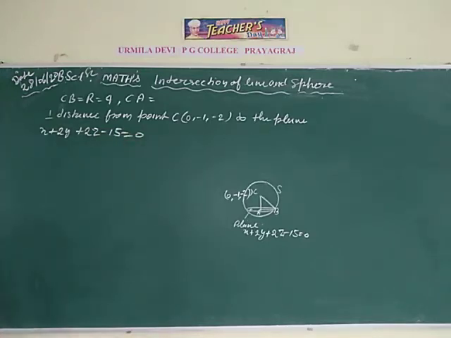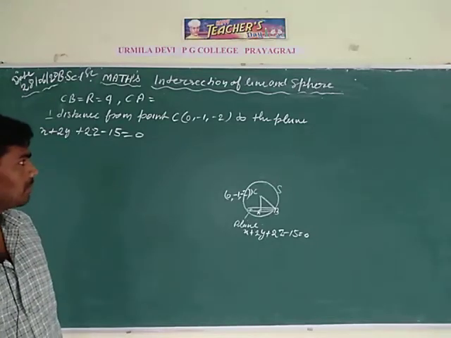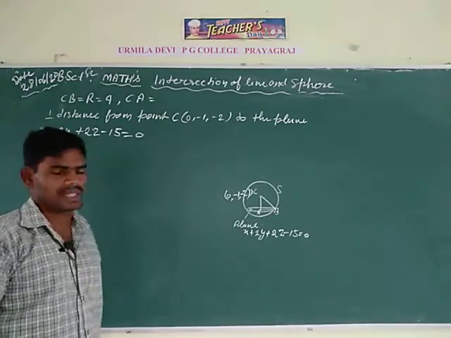You know the rule for the perpendicular distance from a point to a plane: the point's x, y and z coordinates are substituted into the plane equation, divided by the square root of the sum of the squares of the coefficients of x, y and z.